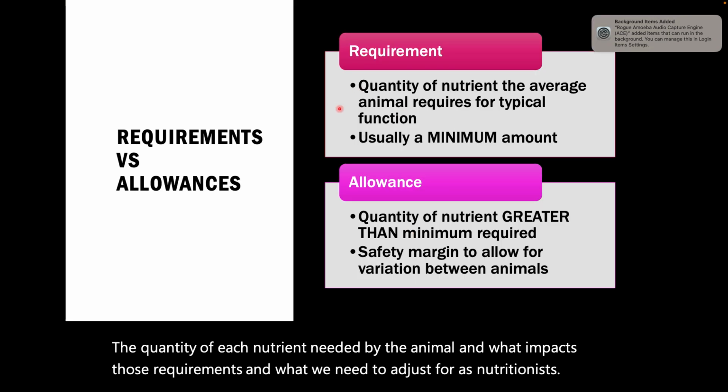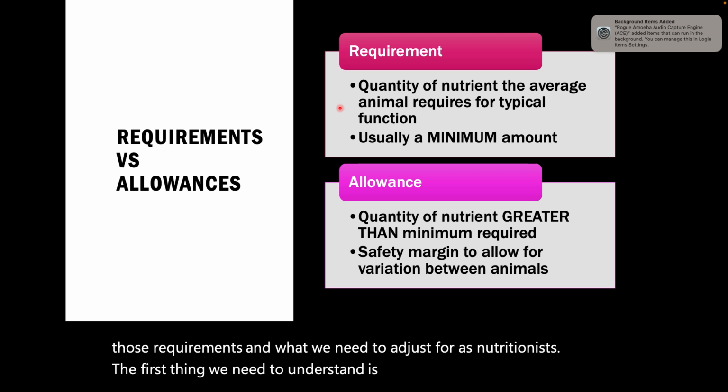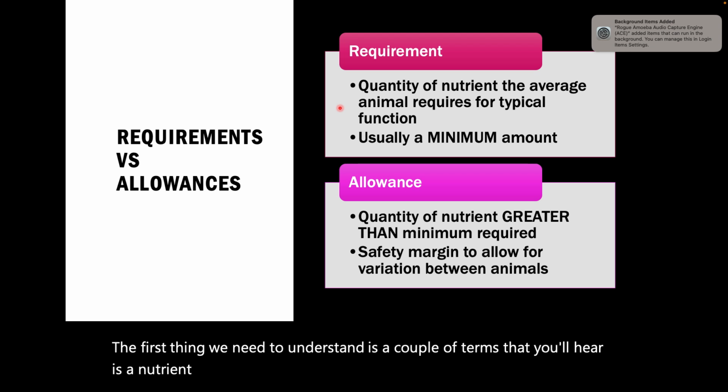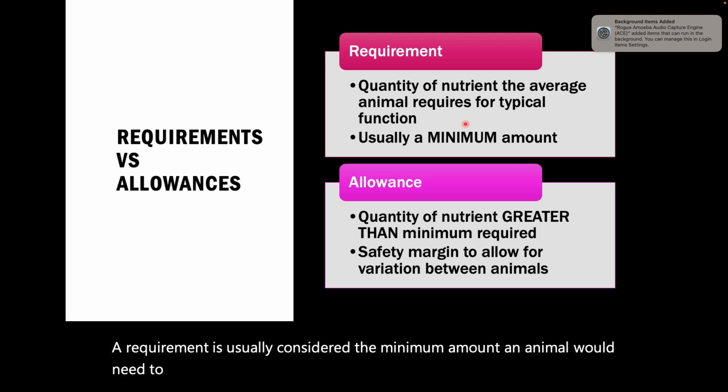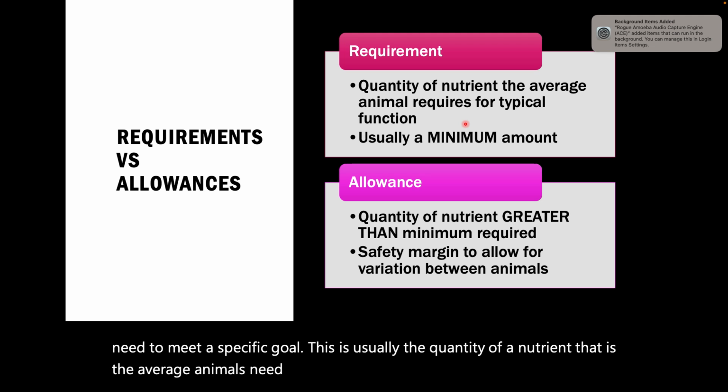The first thing we need to understand is a couple of terms that you'll hear: a nutrient requirement or a nutrient allowance. A requirement is usually considered the minimum amount an animal would need to meet a specific goal. This is usually the quantity of a nutrient that is the average animal's need, not that specific animal.